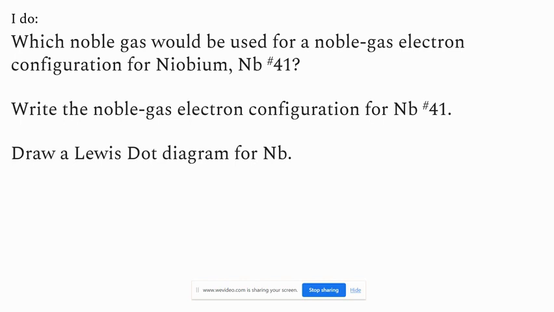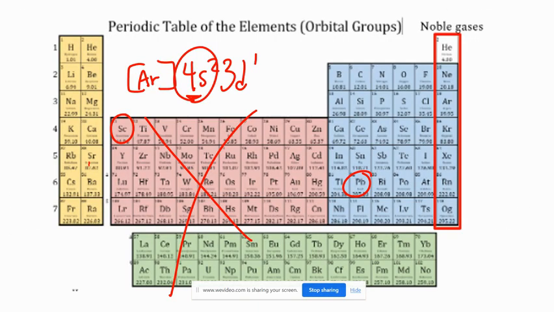So, all right. Noble gas configuration for Nb, and then which noble gas? Oh, which noble gas? Okay, I see what they're asking. And then they want the Lewis dot diagram. So let's find Nb here.